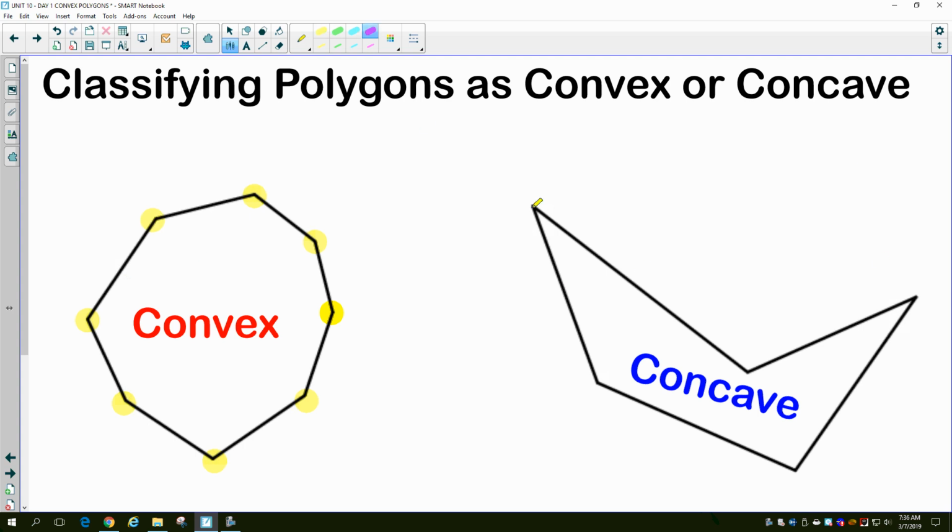In a concave polygon, we have one or more vertices that point inwards. So you can see the place where these two segments meet points inwards, sort of like a dented polygon. And so those ones are called concave. The ones that stick out are called convex. We're going to speak mostly about convex, but you need to be able to tell the difference.